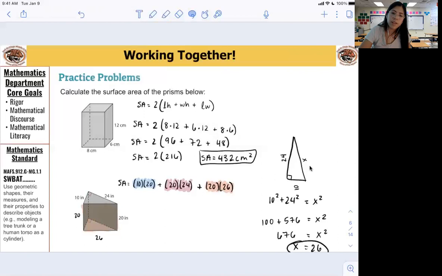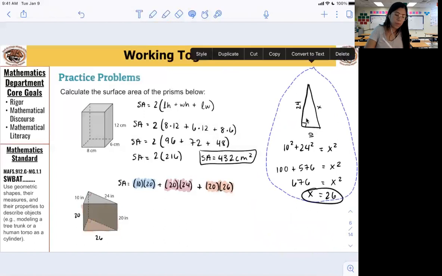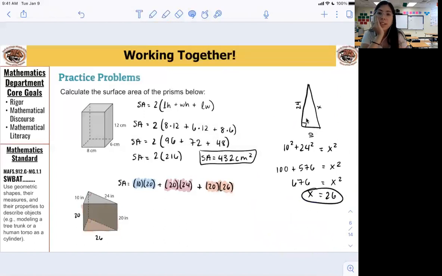What would be the area formula for this triangle? What's the area formula for a triangle in general? Okay, there we go. One half base times height.